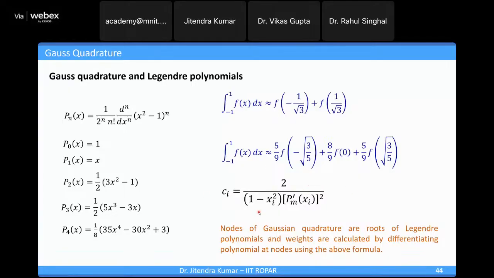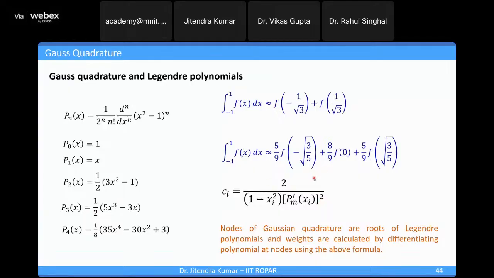So there is a nice theory in the background which we are not touching upon. But instead of following the approach we just discussed, where you set up those nonlinear equations and solve them, which is very difficult, with this formula and the help of the Legendre polynomial, you can easily get the next formulas.